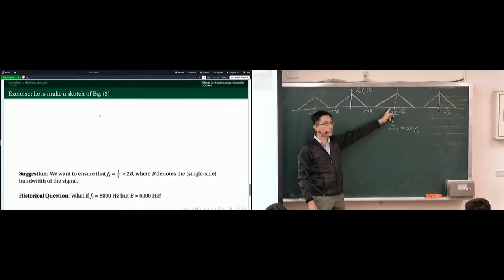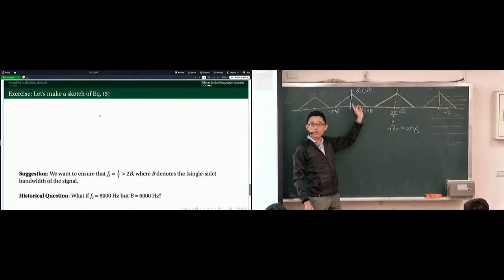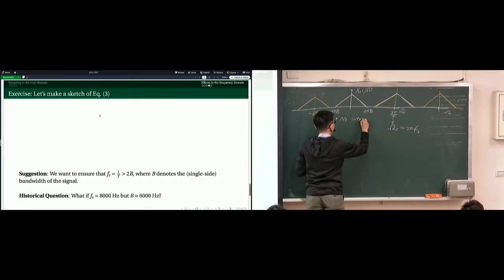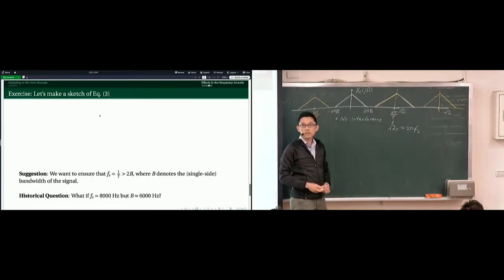Because even though we have one extra copy, do the two of them overlap? They don't overlap. So the triangles don't interfere with each other. There's no interference, so we're good. That's okay.